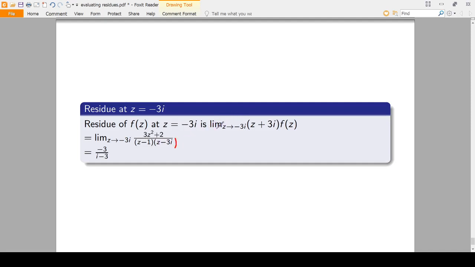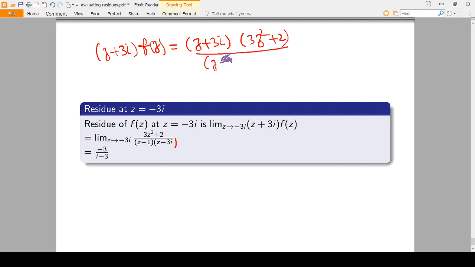What I have to do is multiply f of z with z plus 3i. So now how do you get this? Z plus 3i into f of z. This will be z plus 3i and f of z will be 3z squared plus 2 divided by z minus 1 into z minus 3i into z plus 3i.